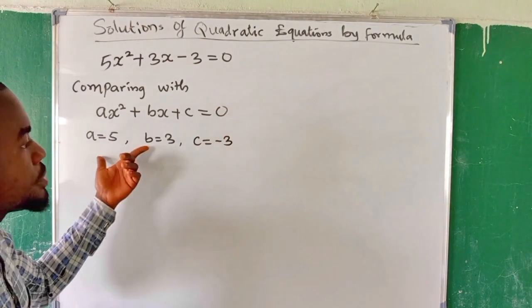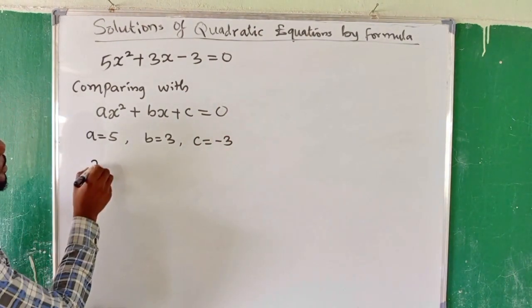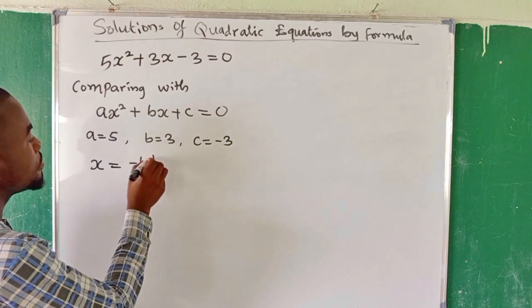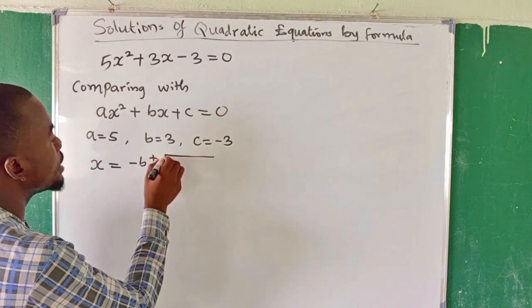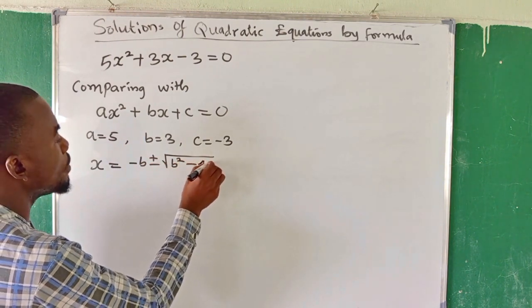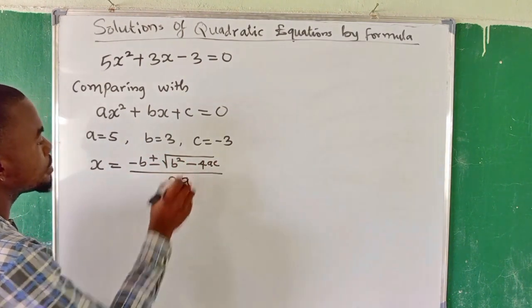Now, substituting this into the quadratic formula, which says x is equal to minus b plus or minus square root of b squared minus 4ac, divided by 2a.